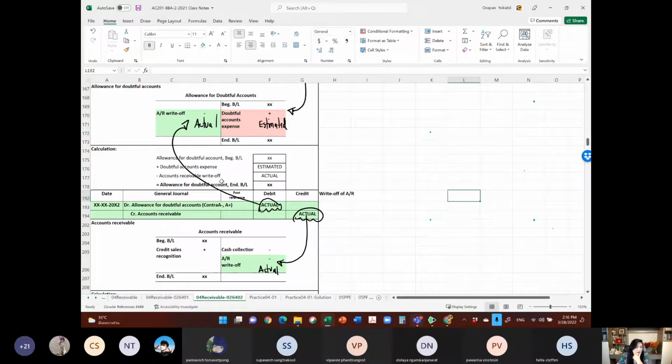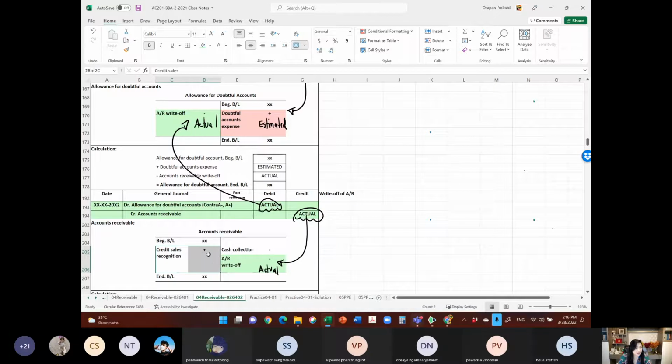Okay, recap one more time. If you look at the allowance, this is a contra asset. The contra asset will be increased with the estimated expense and will be decreased with the actual AR write-off. Now, for the accounts receivable, it will be increased with the credit sales.